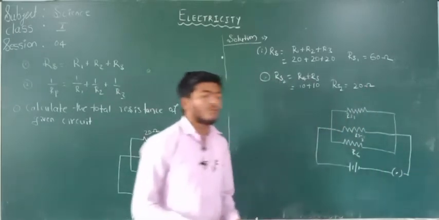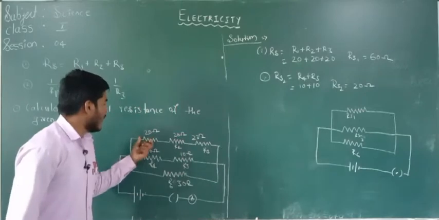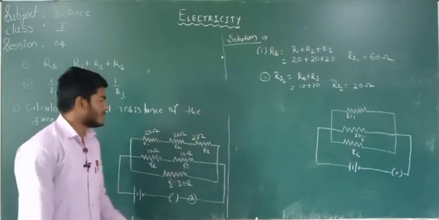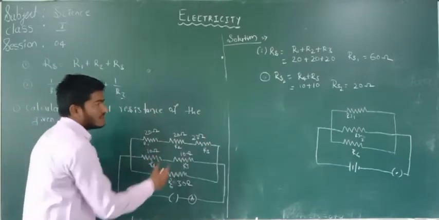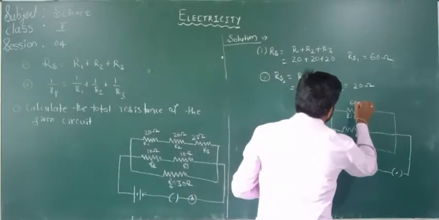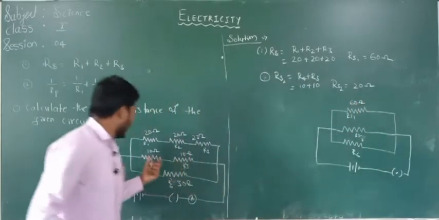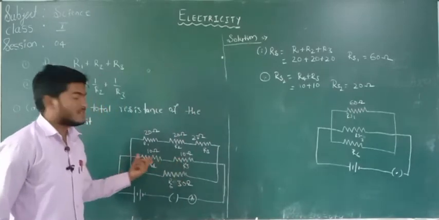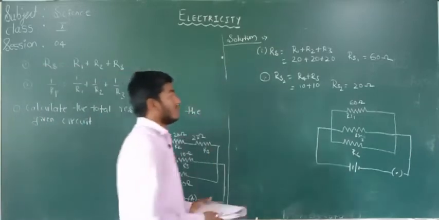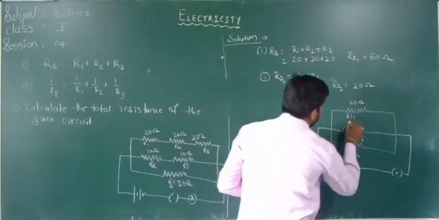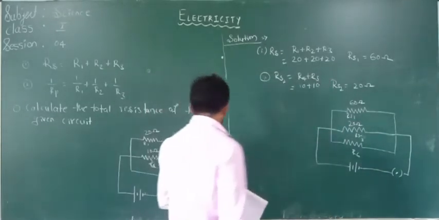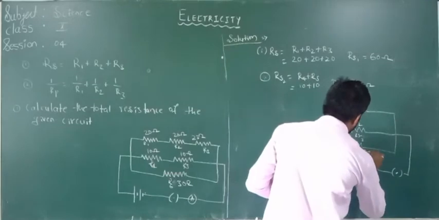Because R1, R2, R3 are connected in series combination, we replace these three resistors with the equivalent resistance Rs1, that is 60 ohms. Then R4 and R5 in series connection, we replace these two resistors with the equivalent resistance Rs2, that is 20 ohms. Then the value of R6 is given here, that is 30 ohm.